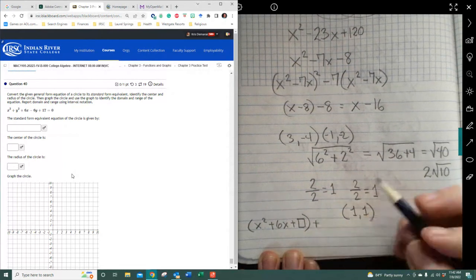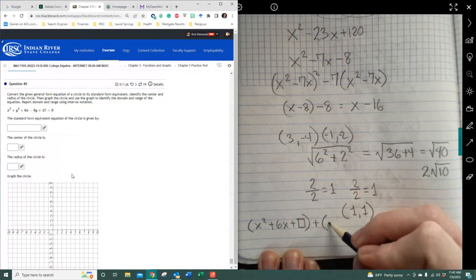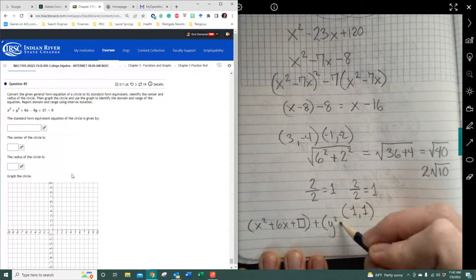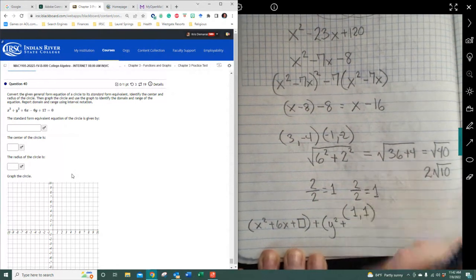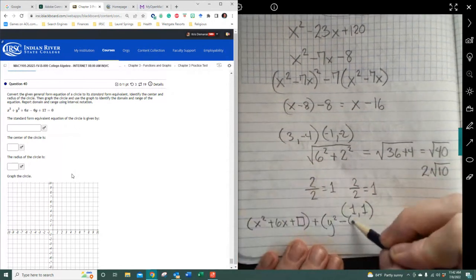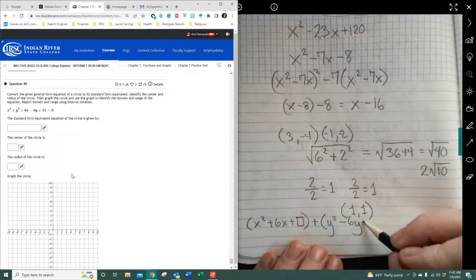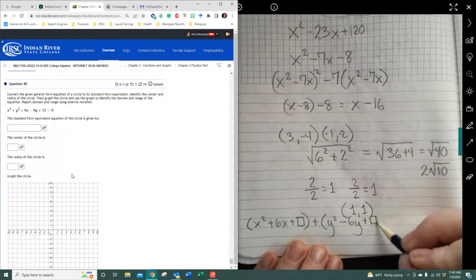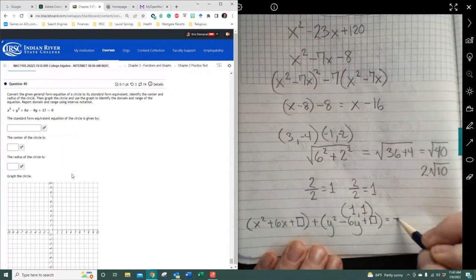Those parentheses didn't do anything to change the value, it just changes its appearance. Now I group the y's together, and then I put a plus box. I move the 17 over.